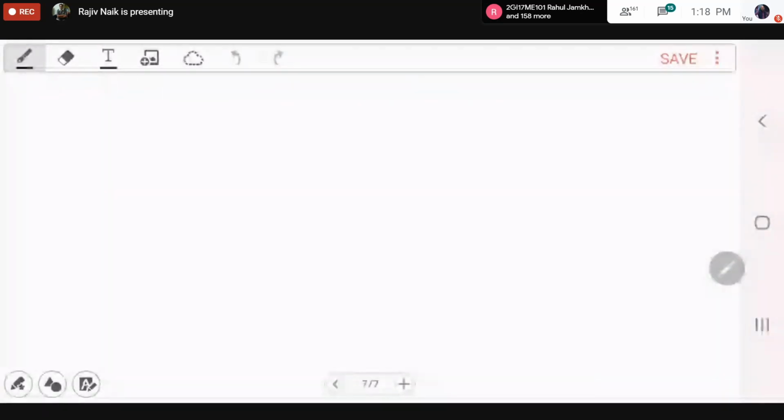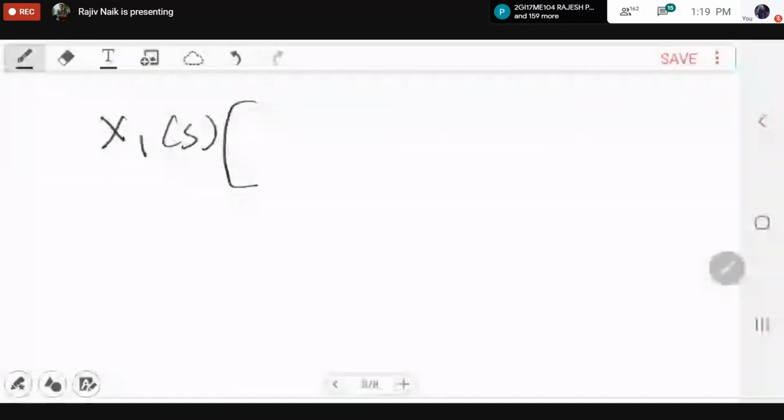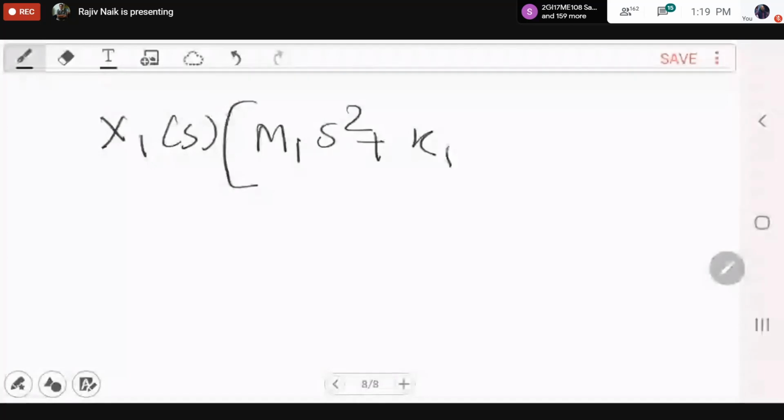Now I will separate the variables of x1 of s. I will write all the terms corresponding to x1 of s in the equation number 3 for mass m1. So it is m1 s square plus b1 s plus k1 plus b2s plus k2.